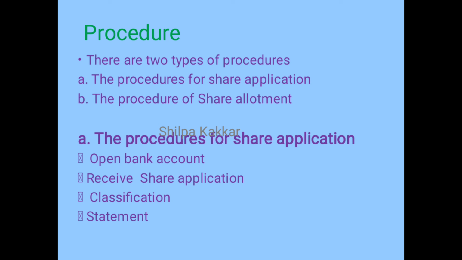The second step is receiving share applications. Usually, after the sanction of the prospectus, only after 5 days can they start issuing forms for share application. Before that, the company is not allowed. So a minimum 5 days gap should be there in order to issue the forms for share application.